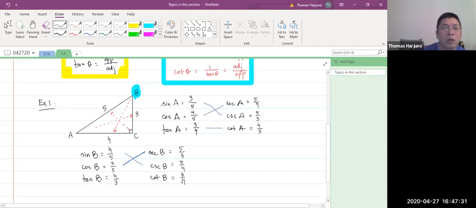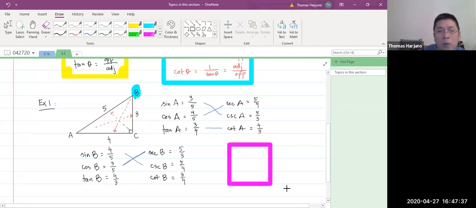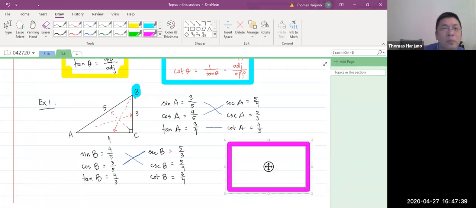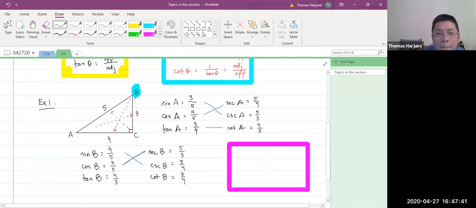Okay. Now, a little note may be useful for us in future. There is something called Pythagorean triplets. That's defined to be the following.